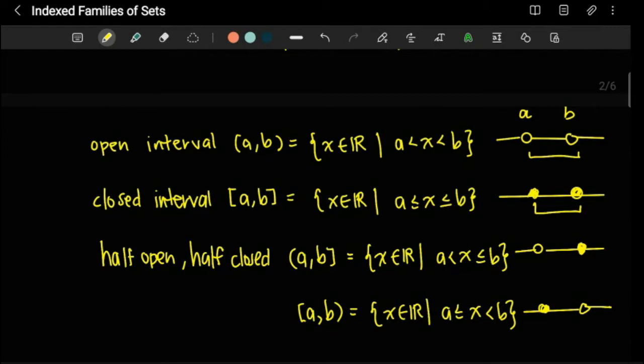Now, we also have half open and half closed intervals. Pwedeng open left, closed right, or open right, closed left. So, open interval (a, b], closed sa b, is the set of all points x between a to b, not including a. So, this is not equal to a, pero equal sa b. Okay?